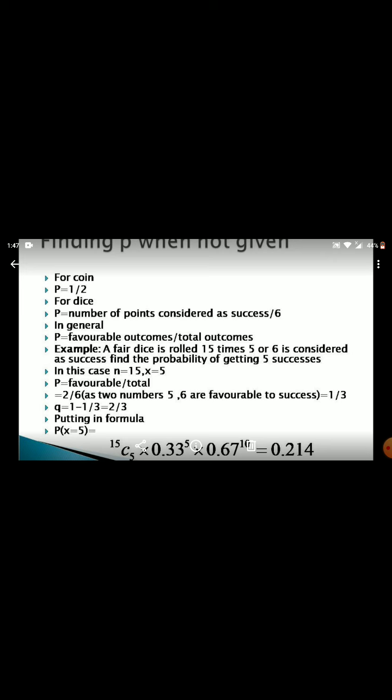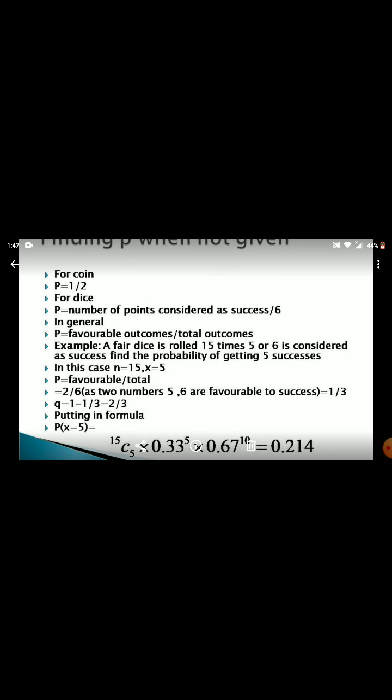Just divide the number of points considered as success over 6. 6 means the total outcomes. कैसे? For example, अगर आपको कहते हैं कि in your question 5 or 6 is a success, आपने लूडो का गेम खेला, on 5 and 6, obtaining 5 and 6 आपने उसको success consider कर लिया. So you have 2 points as a success out of 6. So in this case you will have p equal to 0.2.